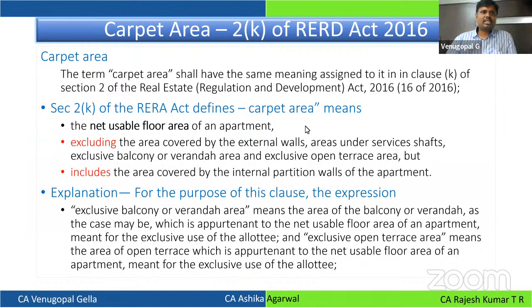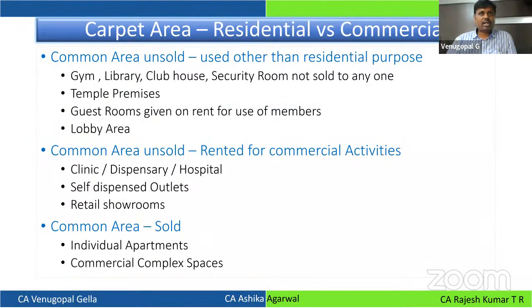The common question people might have is, in big high-rise apartments, there is a common area used by the tenants, but it is not a residential area or residential purpose. For example, your gym, library, clubhouse, the security room, or a temple premises.